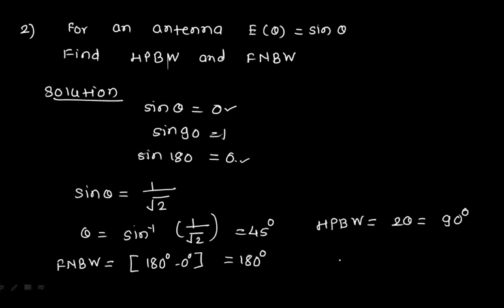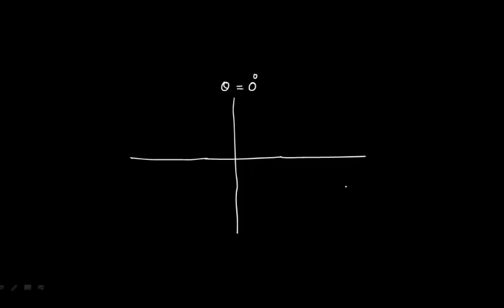So whatever pattern you will get a half power beam width as a 90 degree and first null beam width as a 180 degree. So here if I am going to draw a pattern, or if you are interested in drawing a pattern, you put the different values of that theta and you can draw the radiation pattern like this. So if I'm going to get it for 0 degree, this will be the 0.